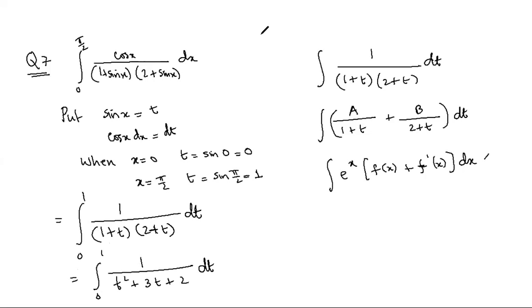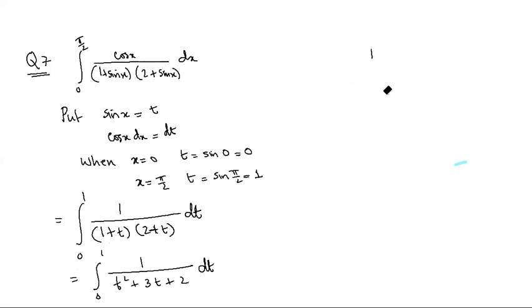Now as Sarang said, complete the square. How to complete the square? 1 upon t square plus 3t plus 9 by 4 plus 2 minus 9 by 4.